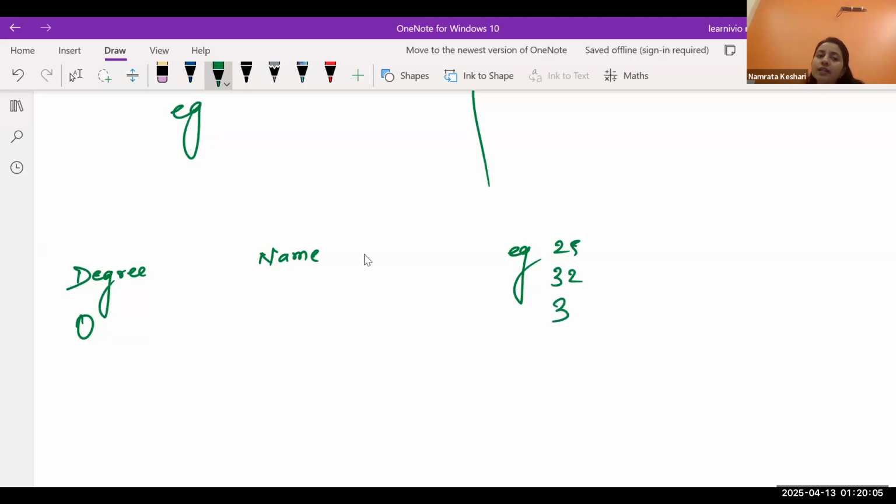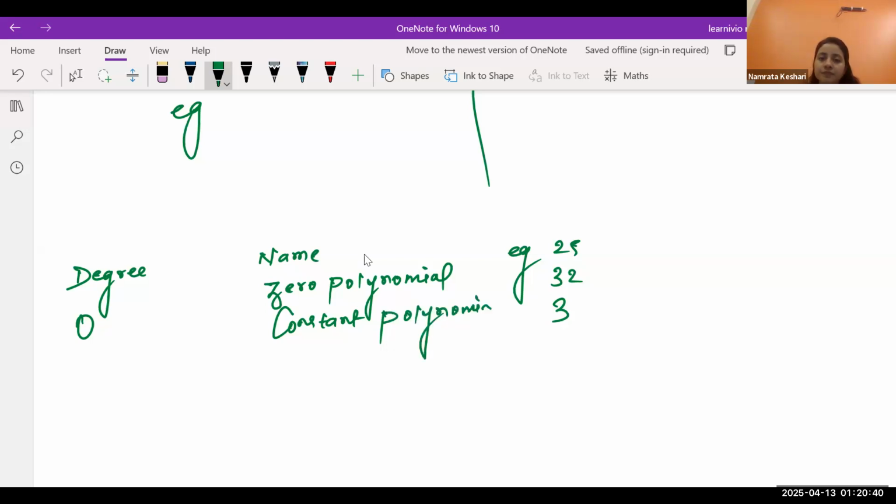When the degree is 0, the name is zero polynomial or constant polynomial. So there are two names, and in real life one person can have two names, one pet name and another name. So when the degree is 0, we can call it zero polynomial or constant polynomial. Making sense?